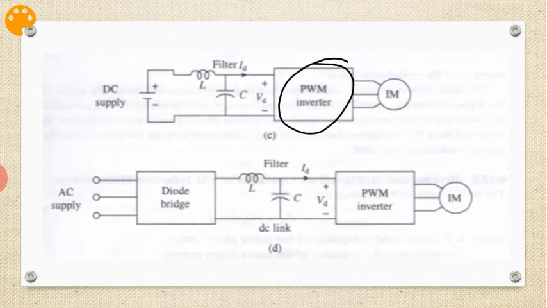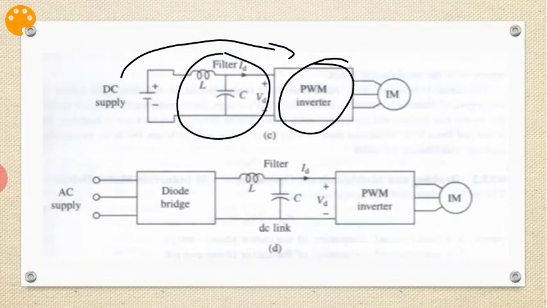The DC is given through this filter component C. A fixed DC supply is given to the PWM inverter, so no arrangement is required for the variation of input DC voltage. By varying the PWM, we can control the voltage. So no need of variation in input DC voltage.